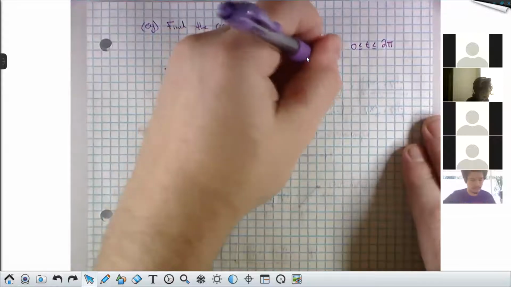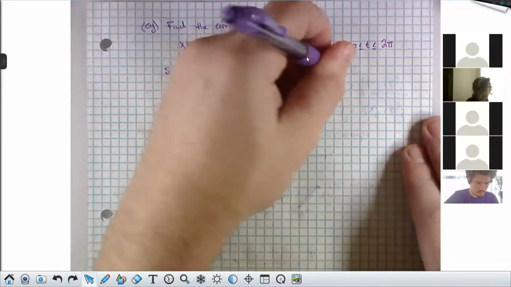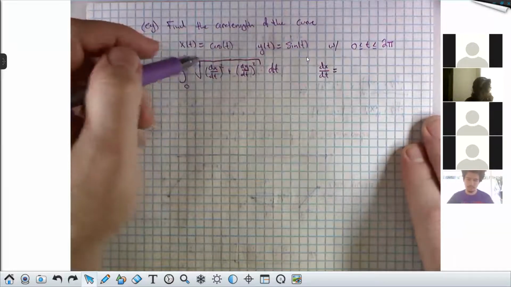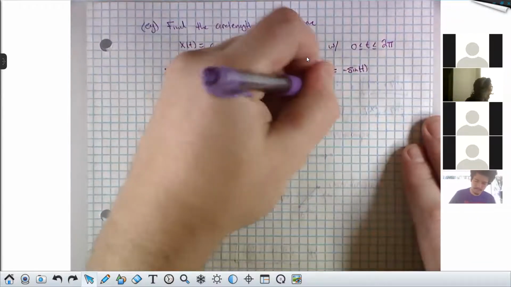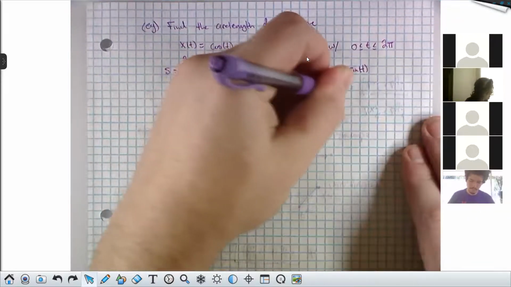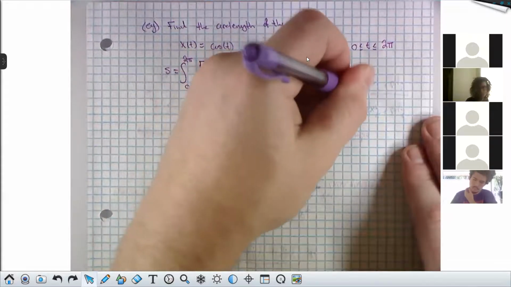So what is dx dt? Well, it's the derivative of cos t, which is negative sine t. And dy dt is the derivative of sine t, which is positive cos t.